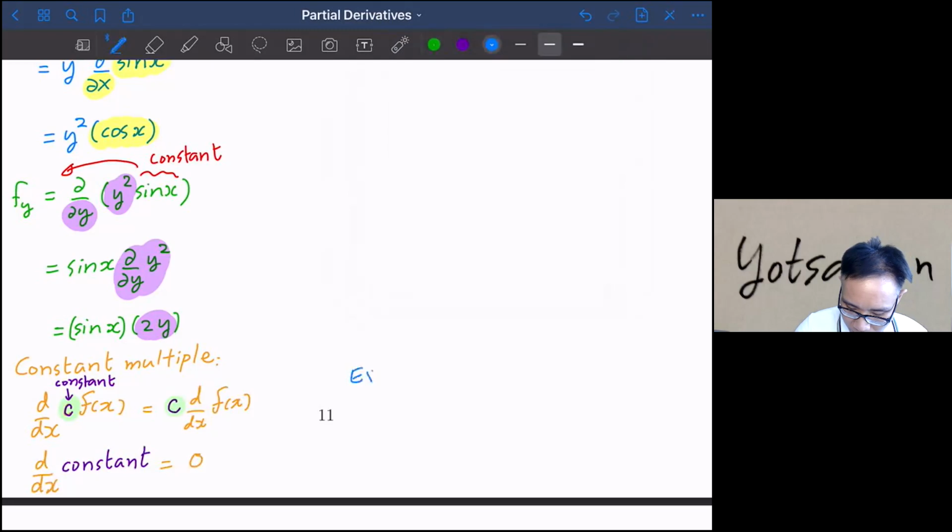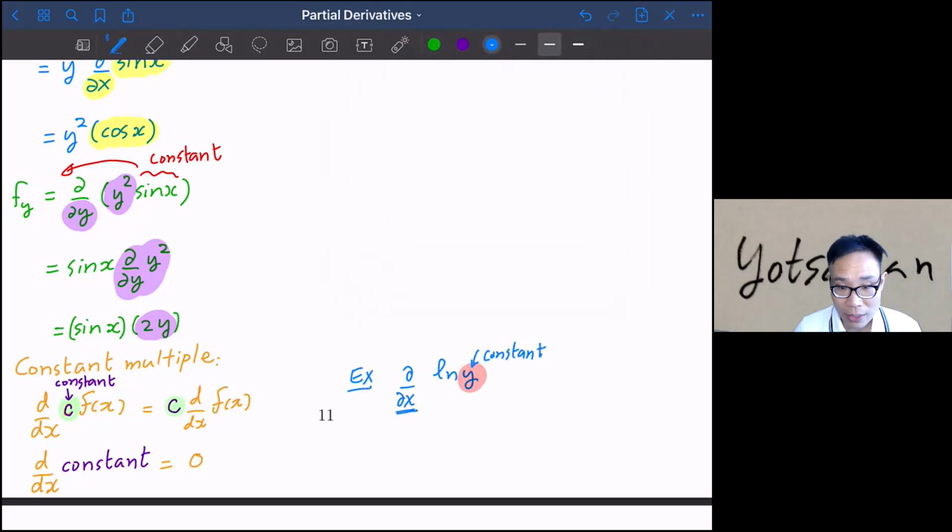So you can see that if I ask you to differentiate d/dx of log y, let's use partial. So it's going to be d/dx of log y. And you see that this guy is a constant. This one is y, and this turned out to be constant, and this one is x.